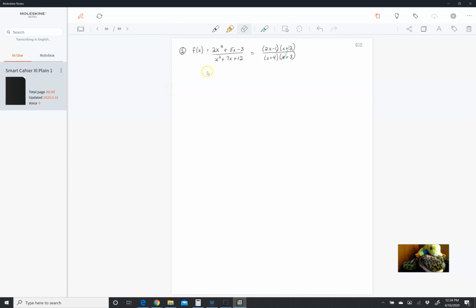So here's what that tells us. That tells us that there's a hole at x equals negative 3. And that's because x plus 3 is in the denominator.